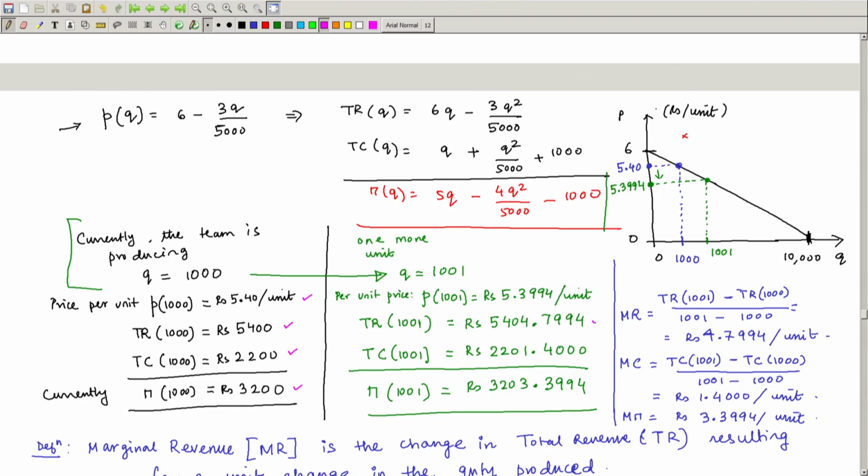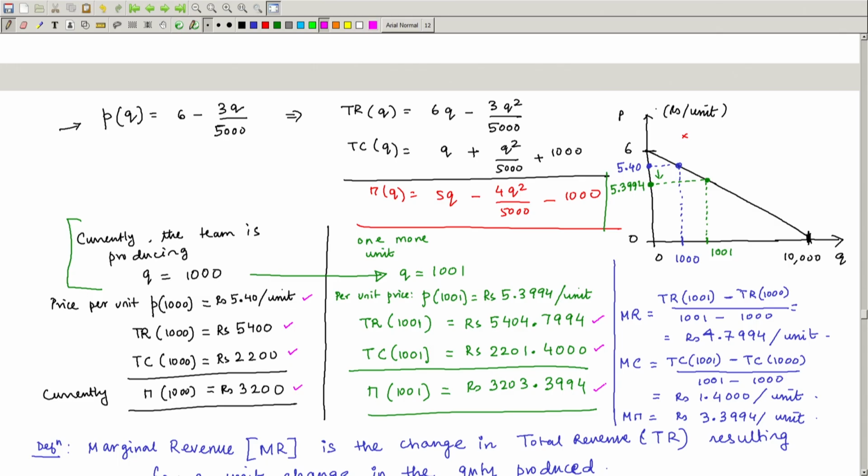The total revenue also changes, the total cost also changes, and therefore, the profit changes. A simple look at the numbers tells us that when the firm increases its output from 1000 to 1001 units, its profit increases from 3200 to 3203.3994. So, clearly that tells us that Q equal to 1000 is not optimal.